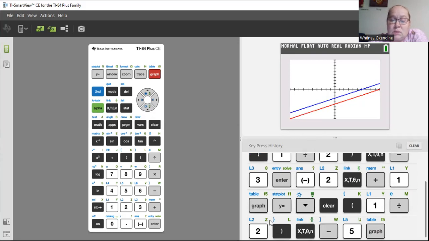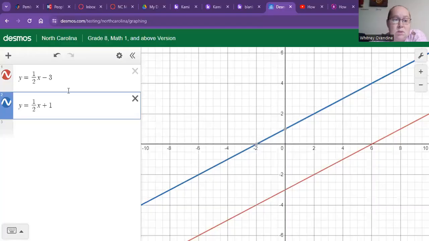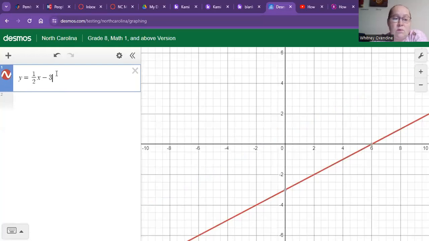Another way that the students can go about checking their answer is by using the Desmos graphing calculator. This is a calculator that is provided for the students on the check-ins and benchmarks. So again here, the student went through the process of getting y equals form. They type in this equation.